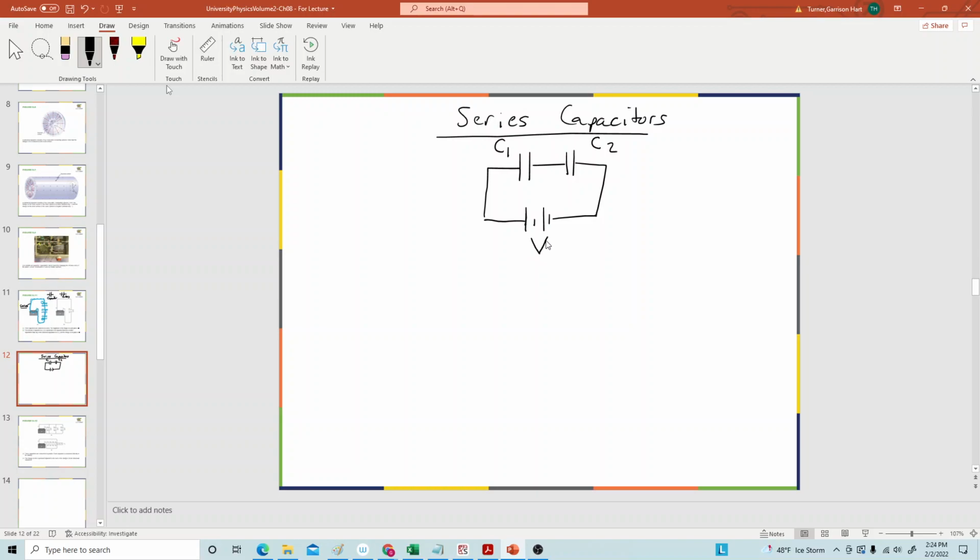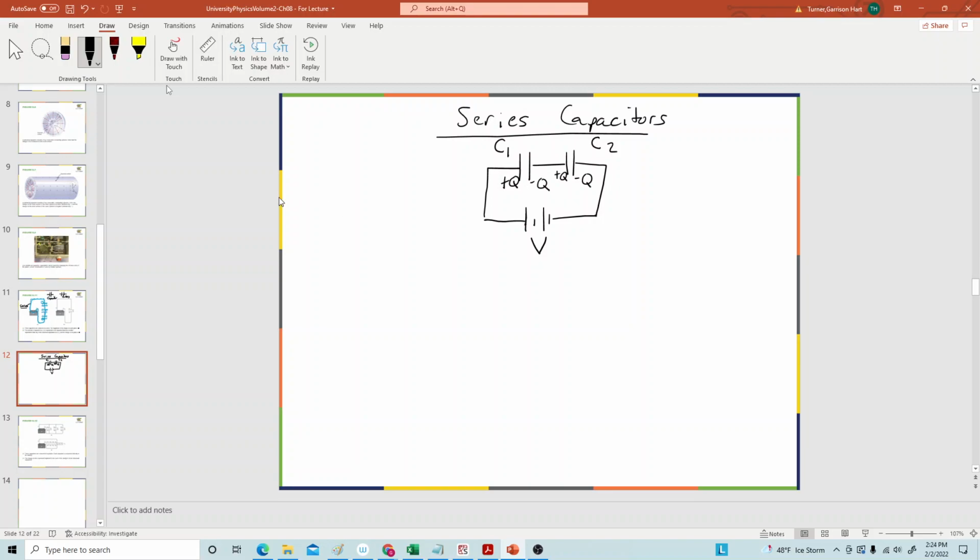And we have a voltage V across our battery. We've already established that the total amount of Q's on the plates are going to be the same.